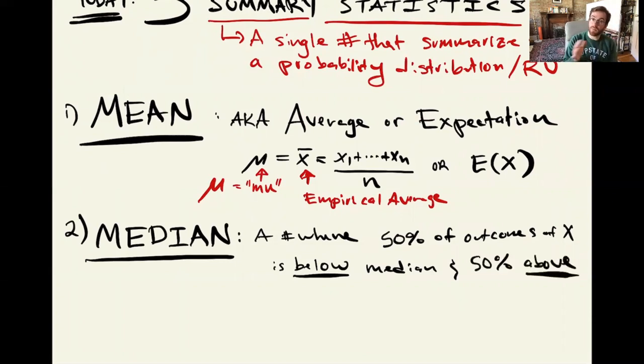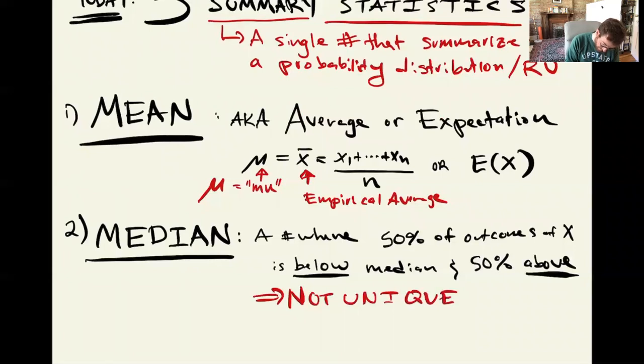So it's the middle point. But one of the things we're going to discover is that this is in general not unique. In particular, there might be lots of values where 50% of the outcomes are either below or 50% are above.